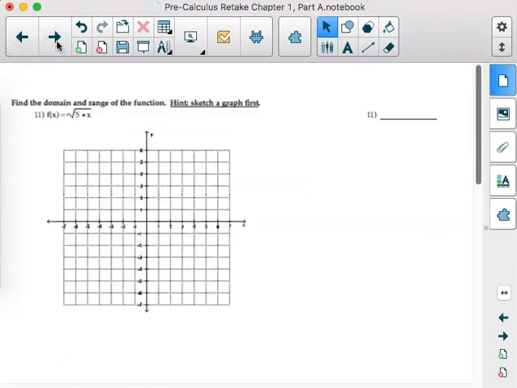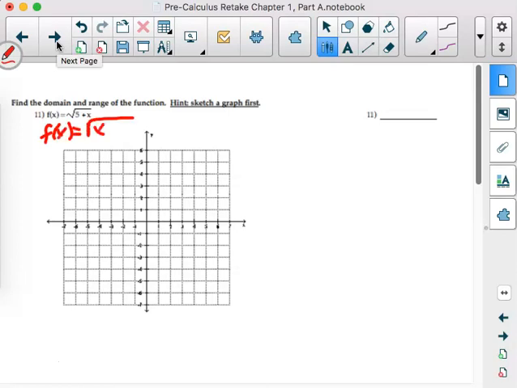Number 11, find the domain and range of the function, and this one's hint is sketch a graph first. So we sketch the graph. That means we don't have to be as precise as we normally would, but it's not too hard to be with this one, because we realize that this would be the square root of x plus 5, which means it would translate 5 units to the left. And then you can always think of the graph of square root. If you go 1 to the right, it's 1 up.